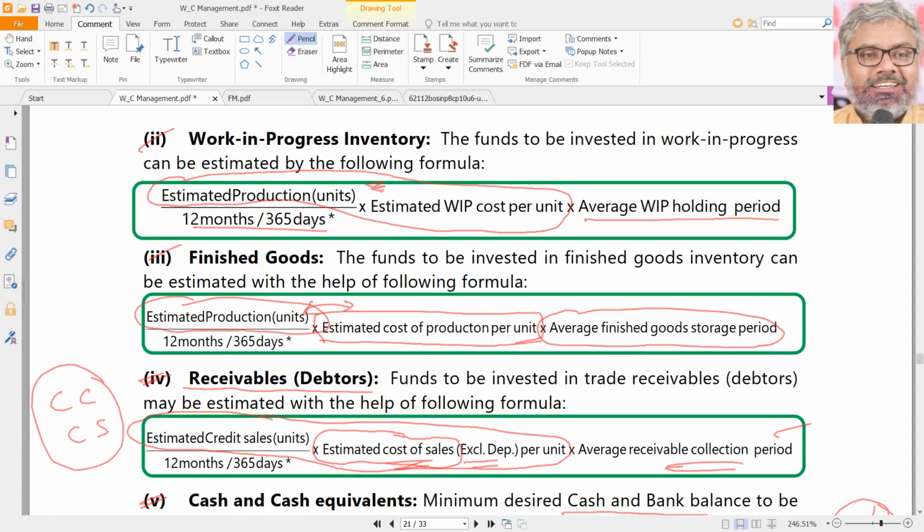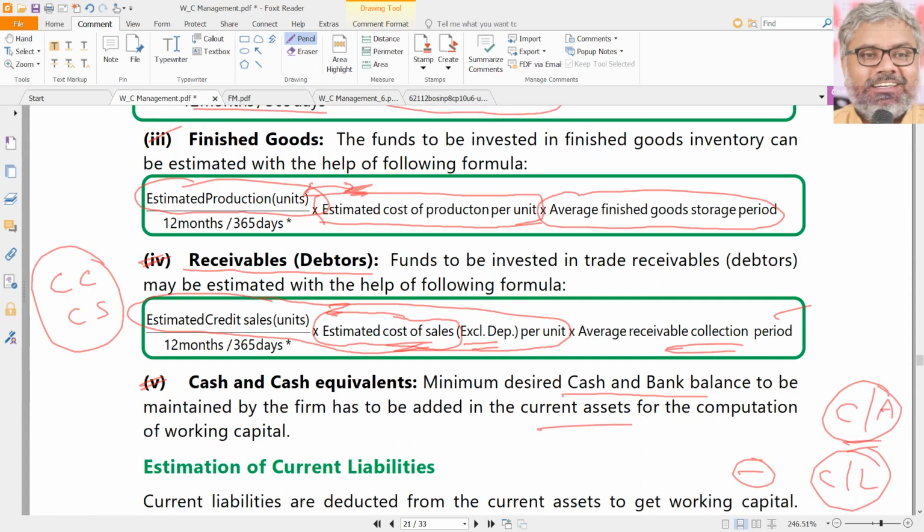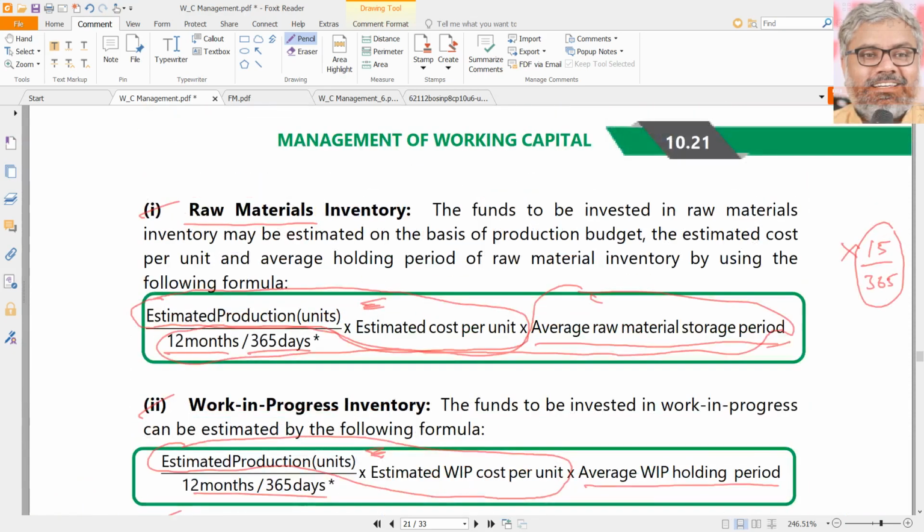That is what we should calculate carefully. So it is the amount with which we have to multiply the holding periods or storage periods, divided by always 365, 360, 52, 12 as the case may be. That is the important point to be noted.